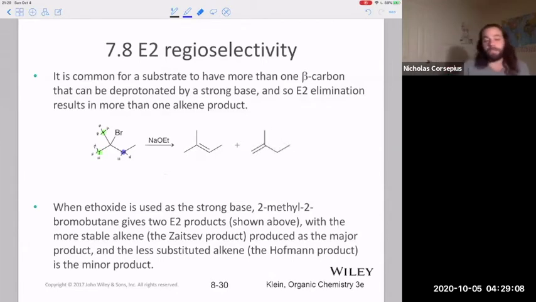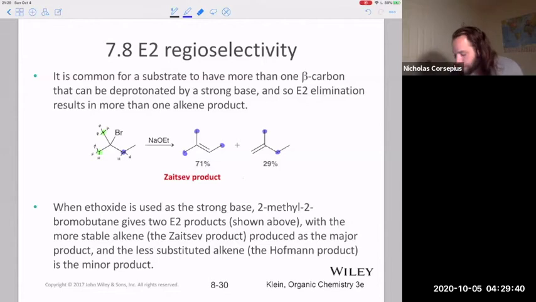But now, given what we just learned on the last slide, which of these two alkenes is considered to be the more stable alkene? More highly substituted is better than only having two substitutions, so you have two versus three. So in this case, this would be the dominant product, your more stable alkene, because it's more highly substituted.